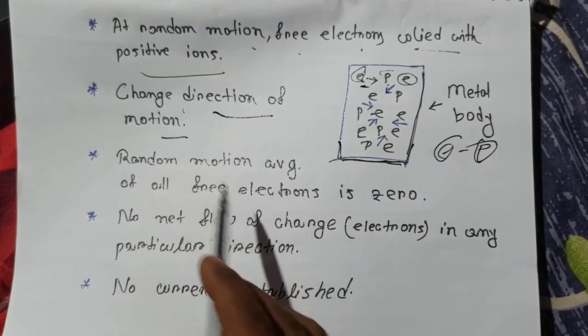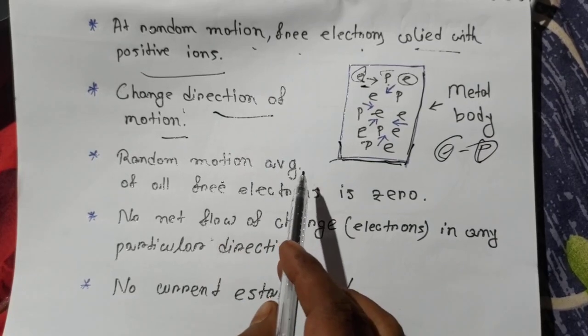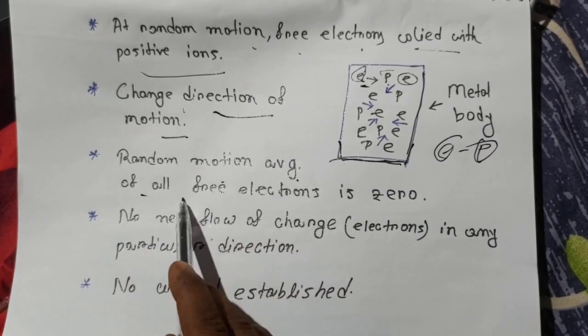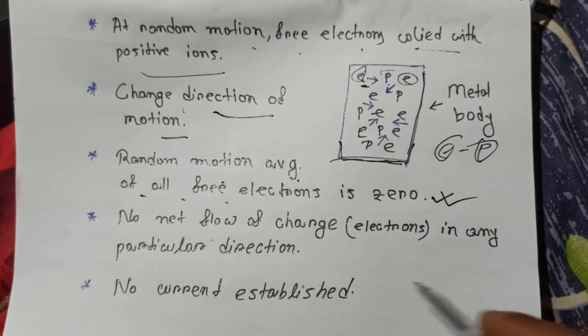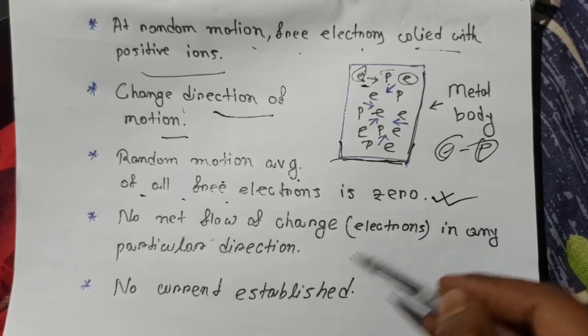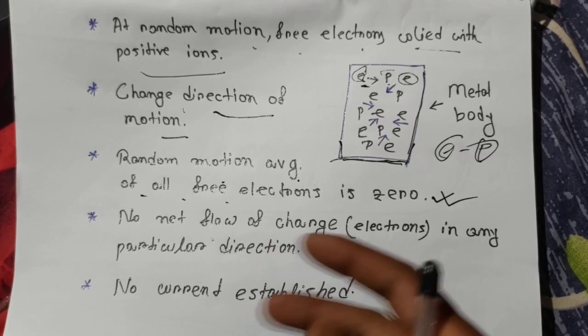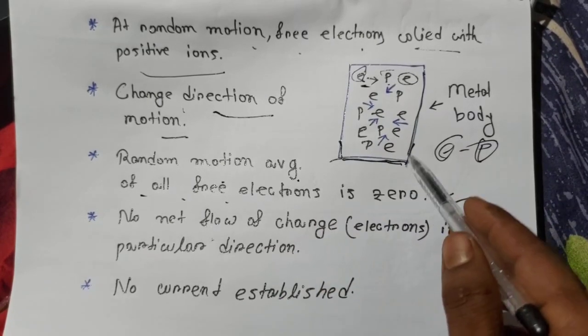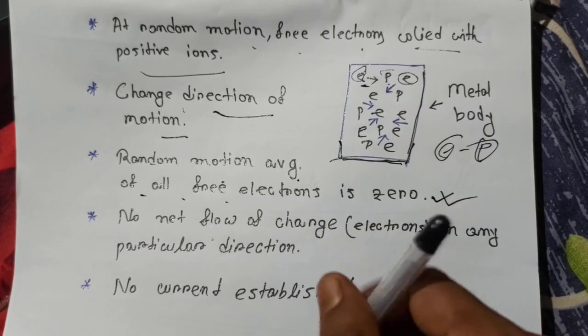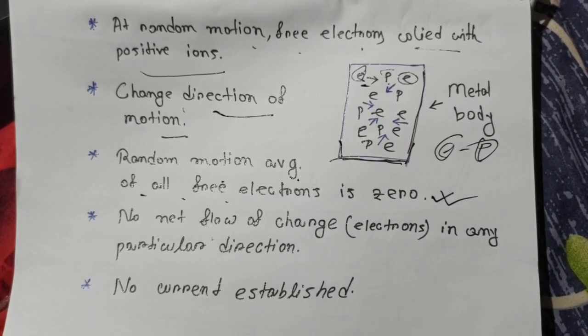The random motion average of all free electrons is 0. So this is the reason that if you touch one metal body, a good conductor, even a copper conductor, you will not feel any shock, because there is no net flow of electrons.